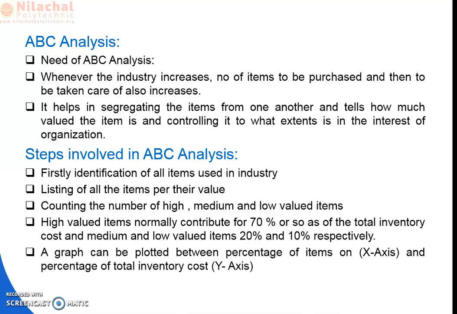The C type or the lower valued item has the very lowest value, and they are 70% of total inventory. Next step, we are going to make a graph between the number of items or percentage of items on the x-axis and total percentage of inventory cost on the y-axis.